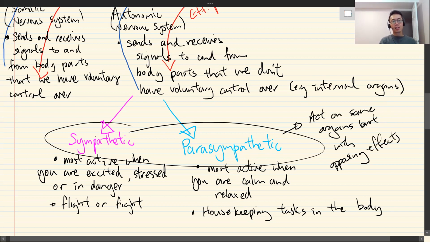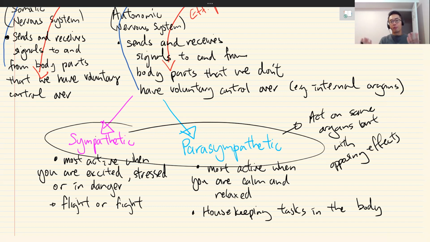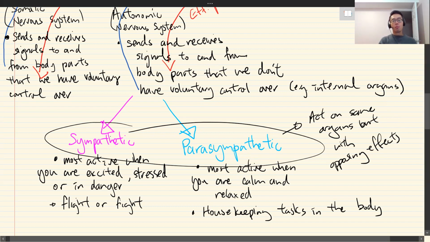The sympathetic system would increase your heart rate, but the parasympathetic system would slow down your heart rate, because maybe you were getting ready for bed. The sympathetic system will suppress your digestive system. The parasympathetic system would promote the digestive system.